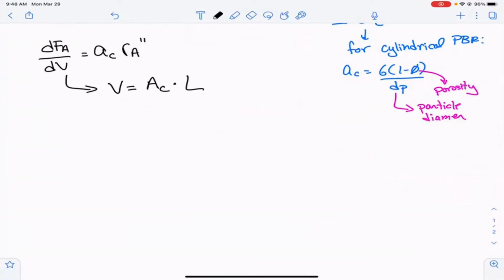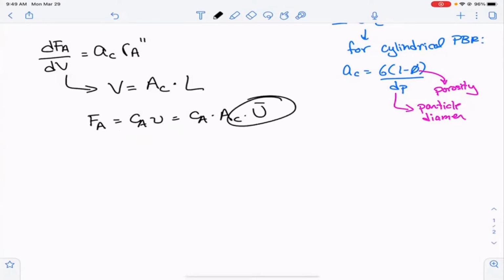The other thing that we know, of course, is that the flow rate of A is equal to the concentration of A times the volumetric flow rate. But the volumetric flow rate is just equal to the cross-sectional area times the linear velocity. And we're going to use this as an opportunity to introduce velocity into our system.